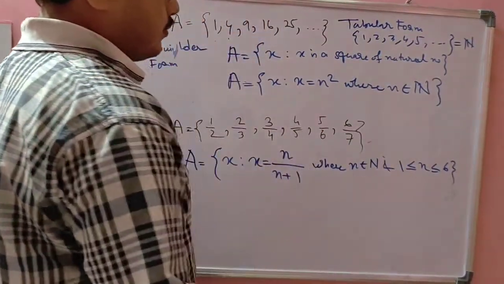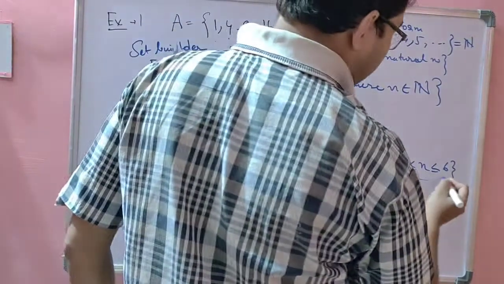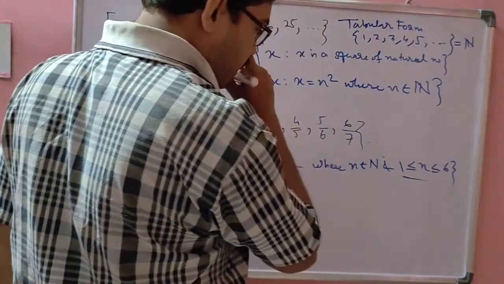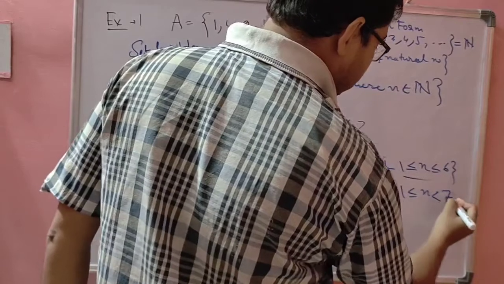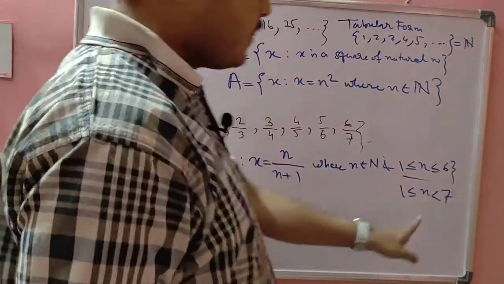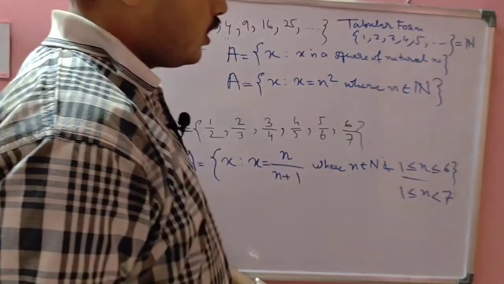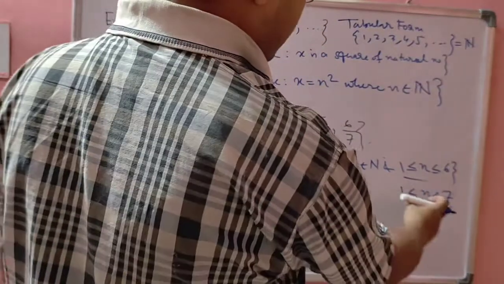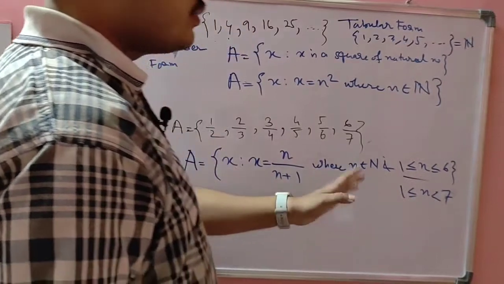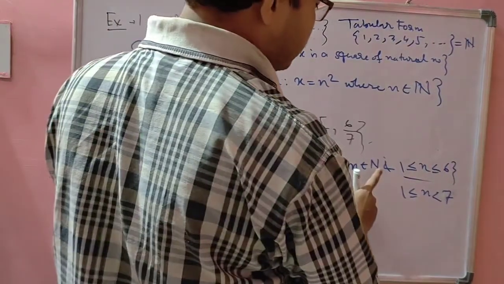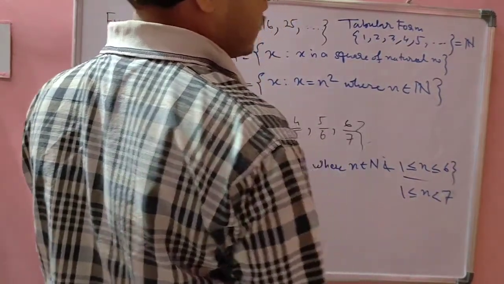We can represent this in another way, and there will be no difference. Why? If we remove the less than or equal to sign and write less than 7, since n belongs to natural numbers there will be no 6.5 or 6.6, there will be only one element, that is 6.